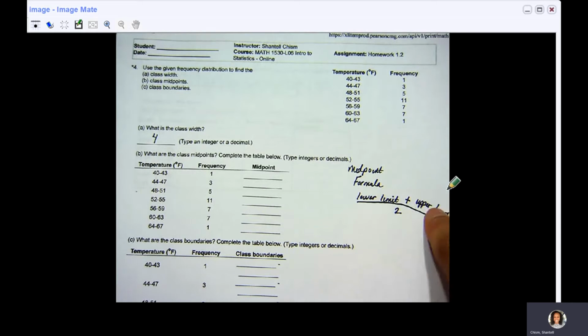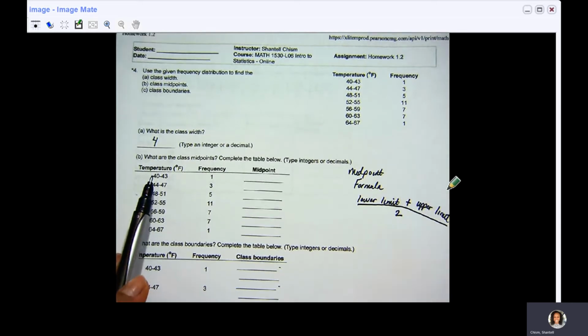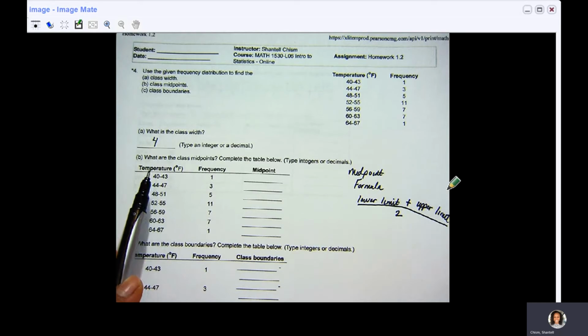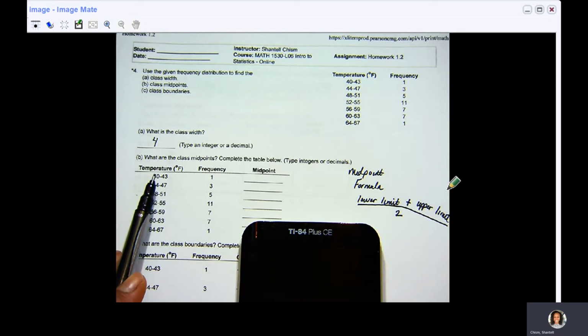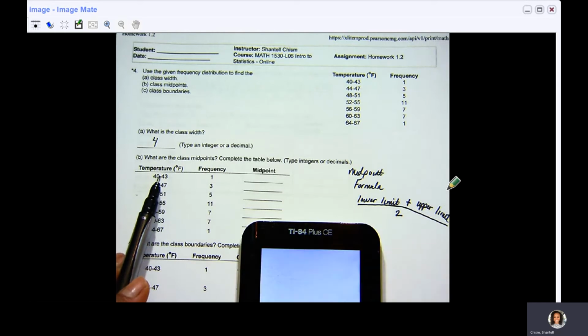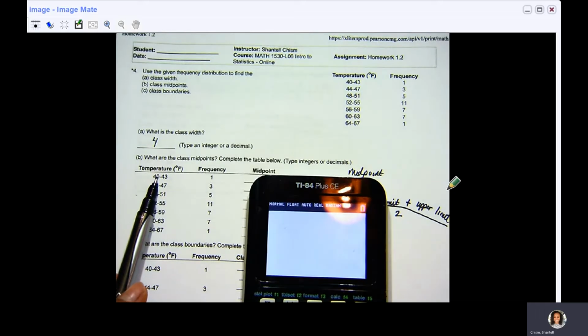Midpoint formula: lower limit plus upper limit divided by 2. Especially when you have a wide class or a really big class, you want to definitely use the formula. With these classes, you might be able to figure it out without the formula since they're rather small. For example, the first class is just from 40 to 43, so you might get that middle value. It should be 41.5.